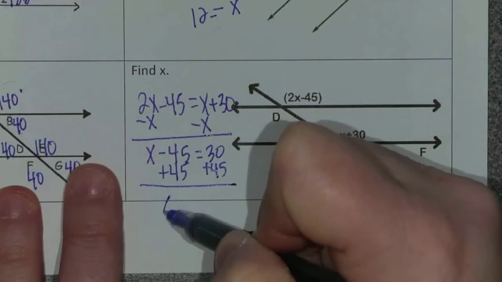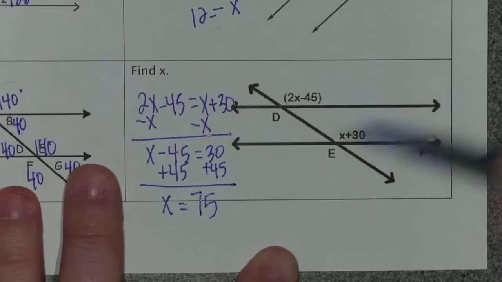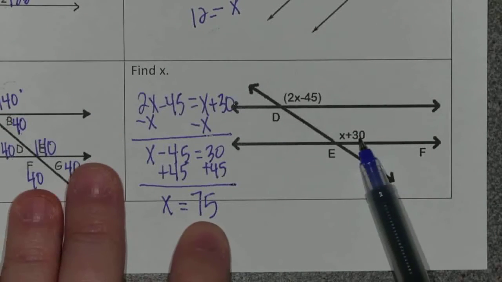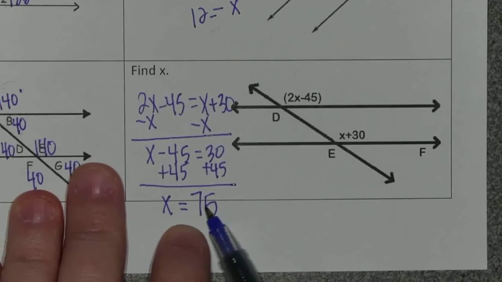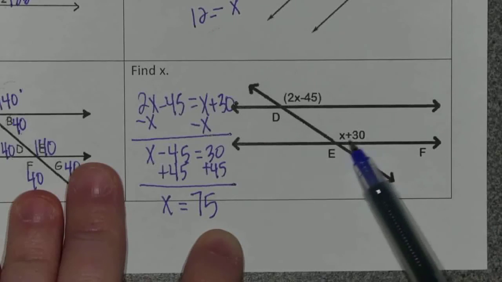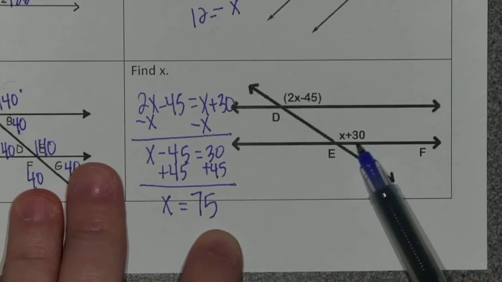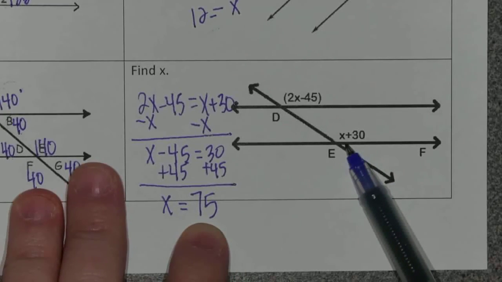And my answer is x equals 75. Now that's my x value. It's not the value of my angle. It asked me to find x, which is 75, but if I wanted to know this angle, I would put the 75 back in here to get my angle measurement. Does that make sense to everybody? So my angle would be 105 if I wanted to know the angle measurement, okay?